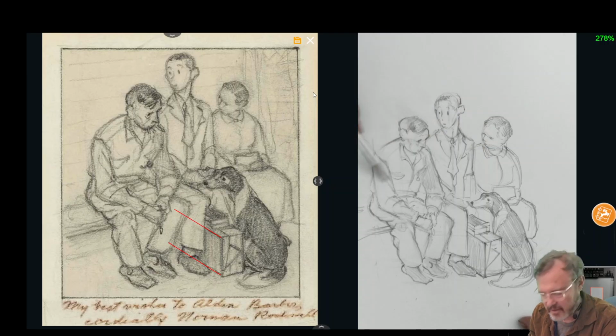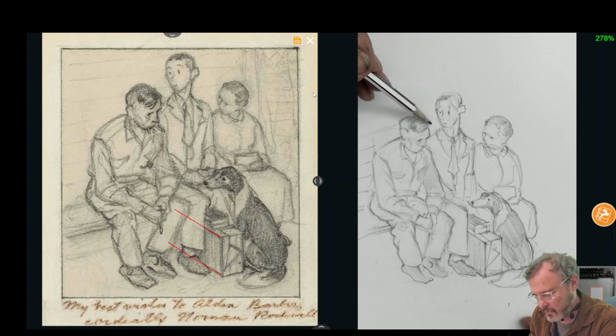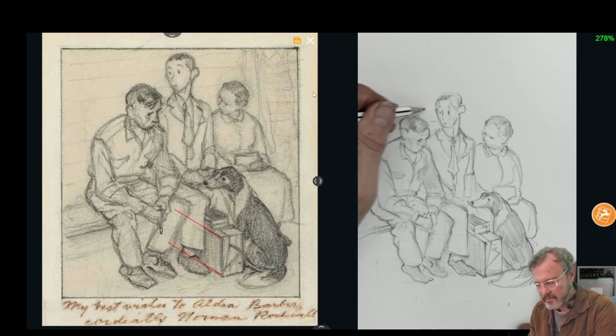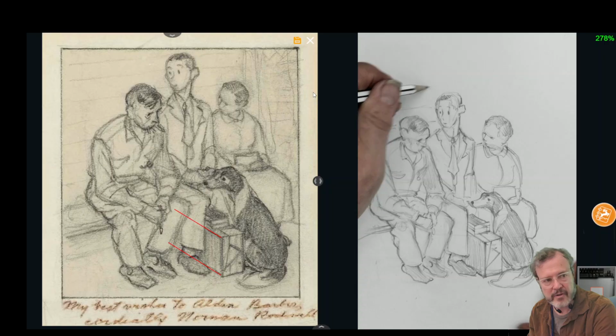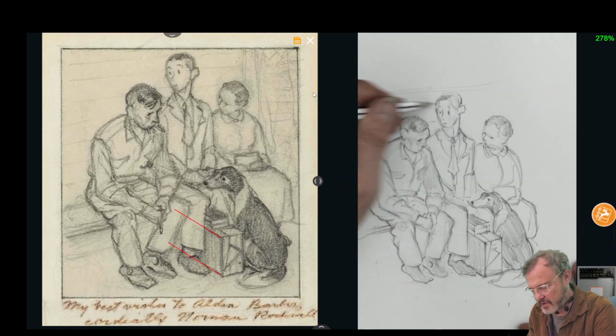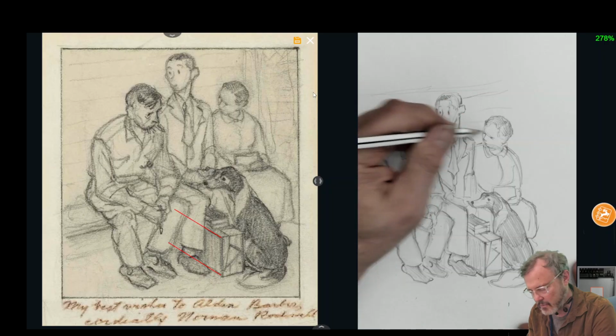And they're definitely not on the truck. There's a suggestion in the back of clapboard. And these lines are converging just a little. You see how they get very horizontal when they get up near the top of his head.